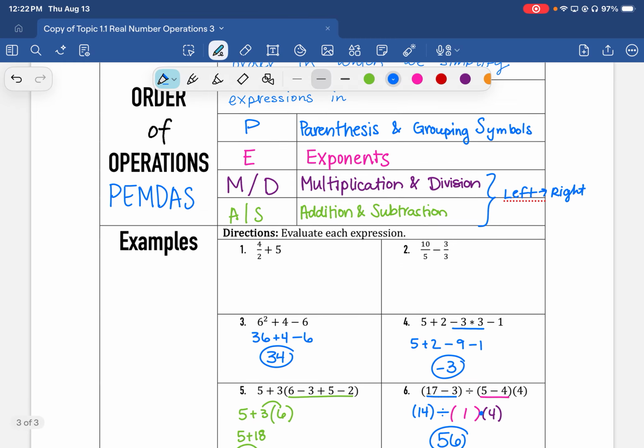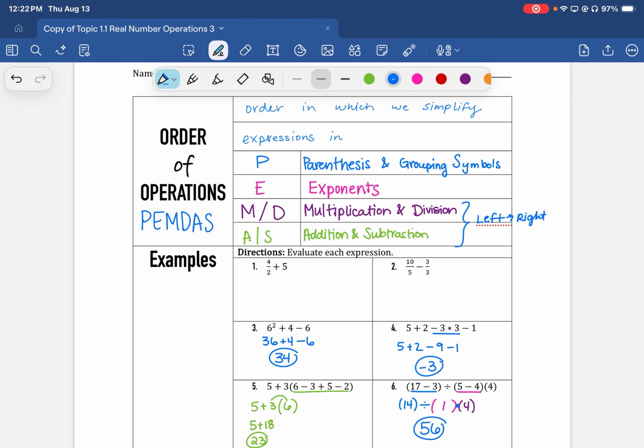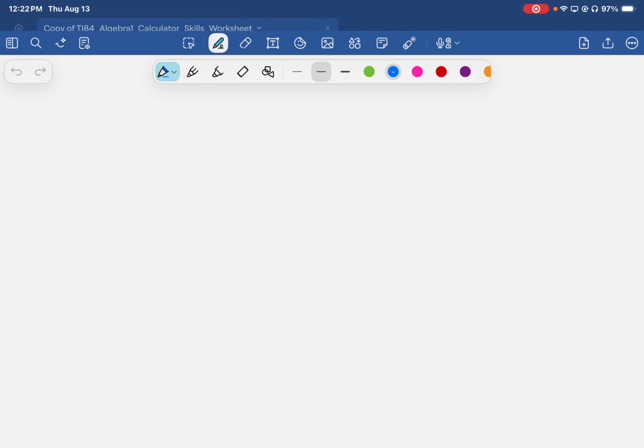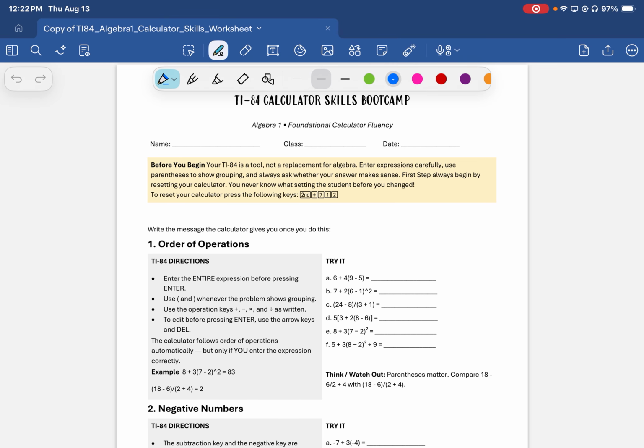Okay. So we are going to do an activity today where we are going to make sure we understand how to use our calculators we'll be using in here efficiently and well. Okay. So I'm about to pass out a TI-84 Calculator Skills Bootcamp paper, okay?